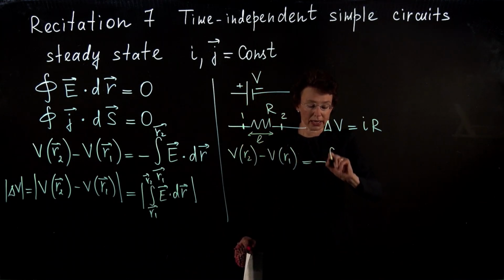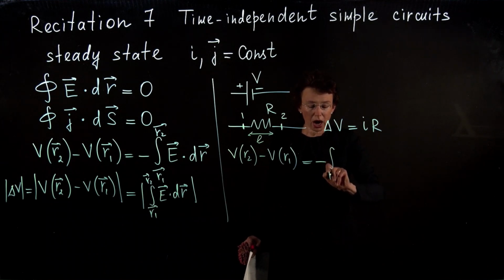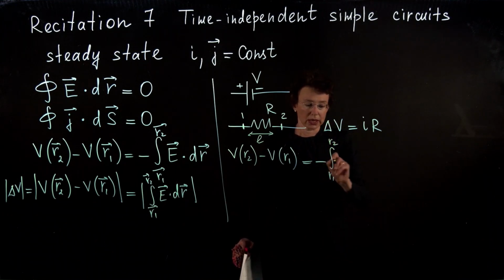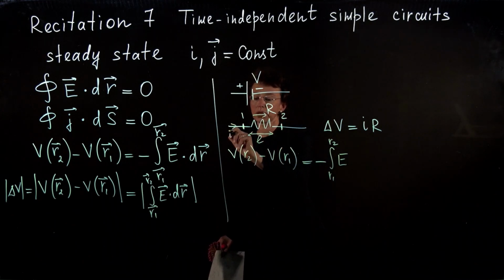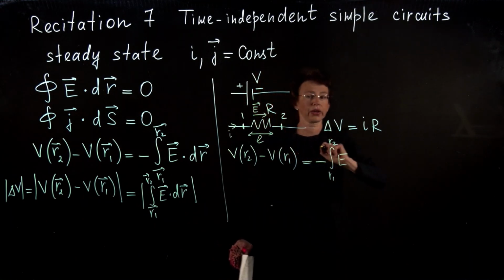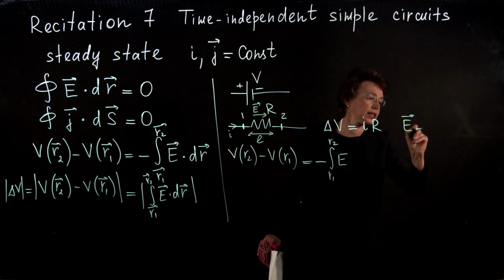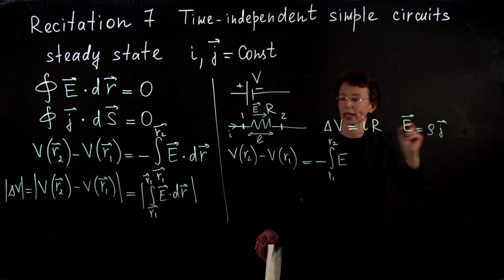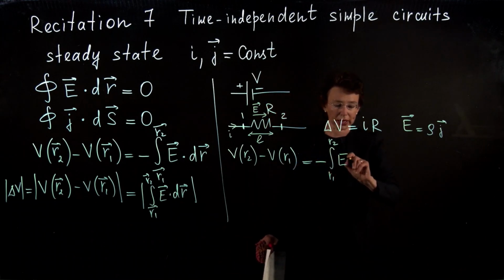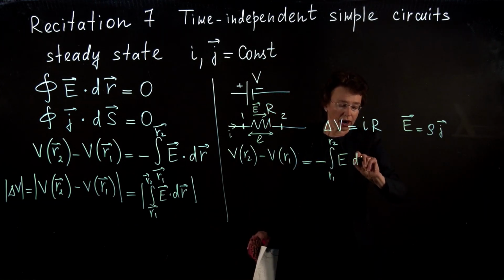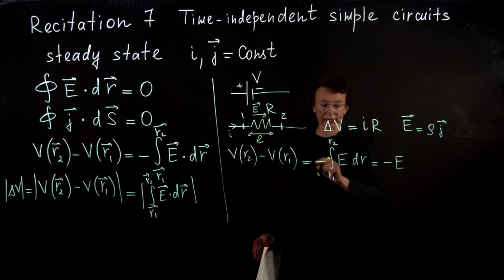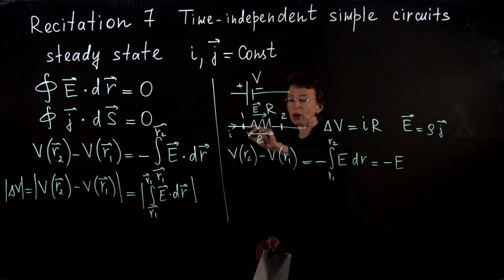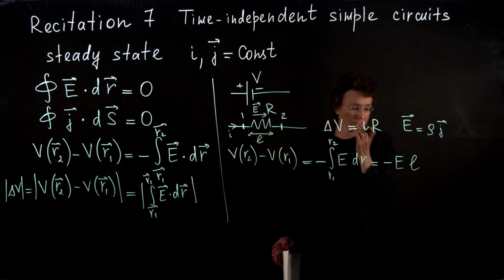I have it as minus integral from R1 to R2 of the electric field E. If the current is in this direction, then the electric field is rho J, another form of Ohm's law. E is rho, the resistivity, times J. The electric field is also to the right, so what I have here is minus E dr, and E is constant, and R2 minus R1 is just the length of this resistor.